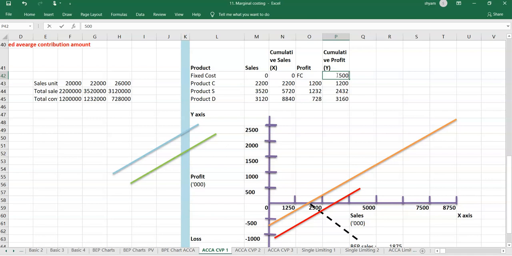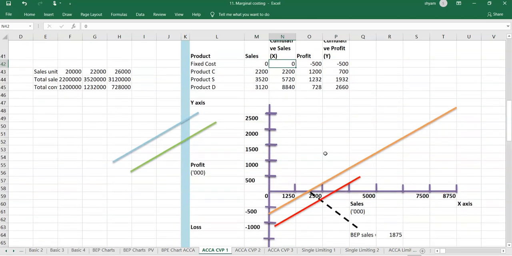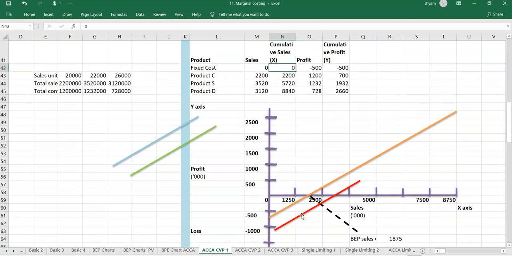Fixed cost is 500, so it is minus 500. We have to put the fixed cost here. So at 0 sales, the fixed cost is 500. So the starting point is the same.